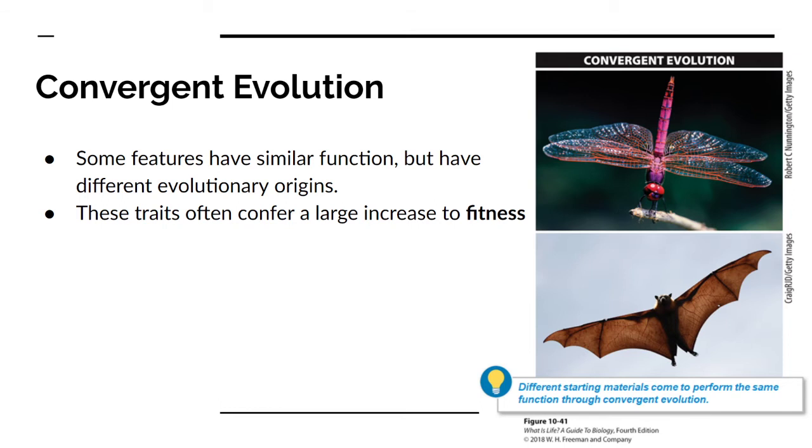So in the case of insects, they developed flight long after they separated from what would eventually become mammals. Vice versa is true as well: mammals developed flight completely separately from insects.